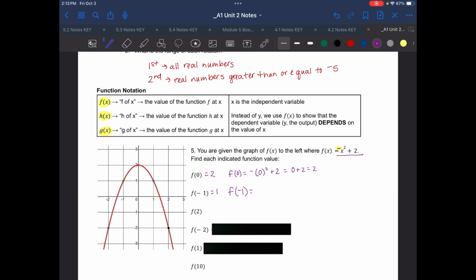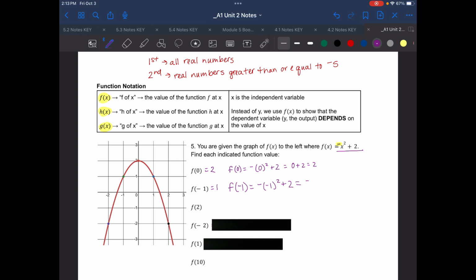Replace the x with -1, and then simplify. So -1 squared, well, it's -1 times -1, which is +1. So it's -1 plus 2, and -1 plus 2 is 1.